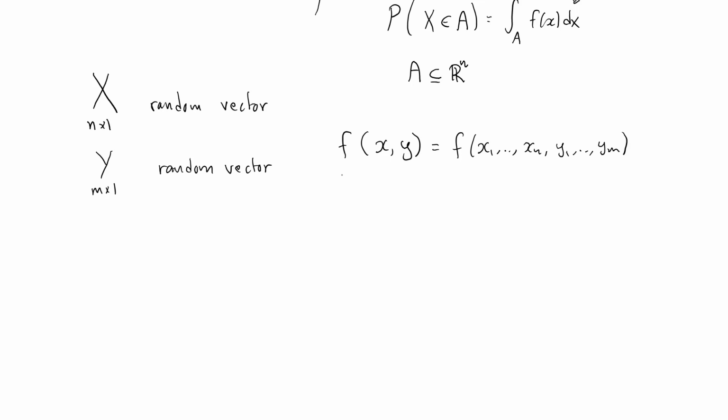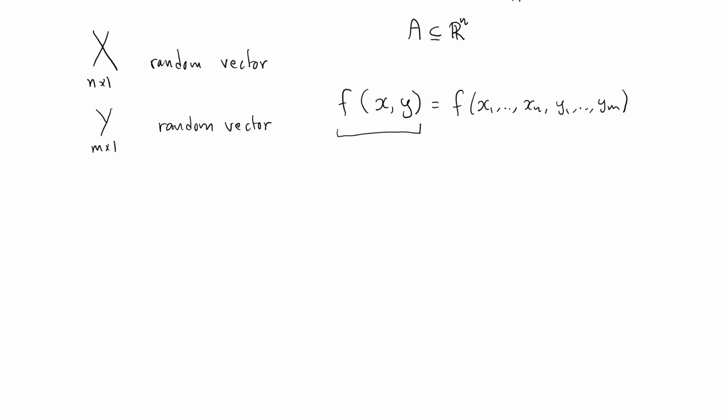If I have such a joint PDF, I can find the marginals, and the vector notation will allow me to write the formula for the marginal in a pretty much identical fashion to what we're used to from the case when we have two random variables. So the marginal of only the X random vector will be equal to, well, we now need to integrate away the Y random vector.